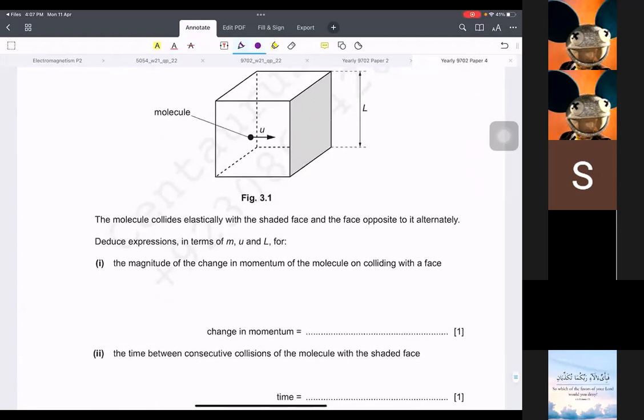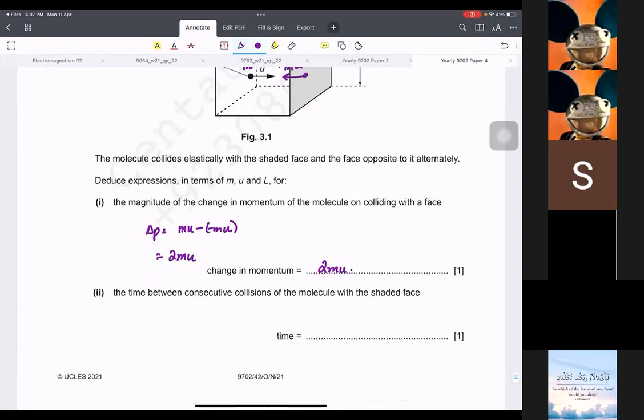Okay, then it says change in momentum. If it has a mass m, it is going here, and then it reflects with the same speed. You take it as negative, you take it as positive, because momentum is a vector quantity. So change in momentum will be mu minus (minus mu), so that should be 2mu.